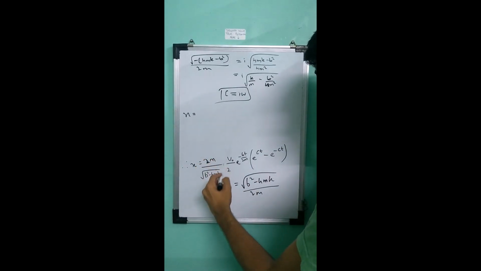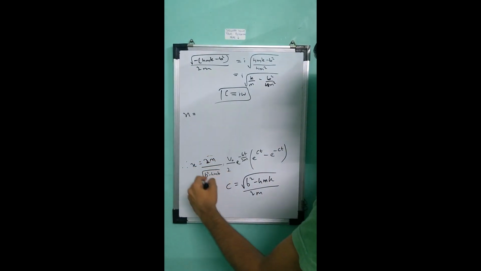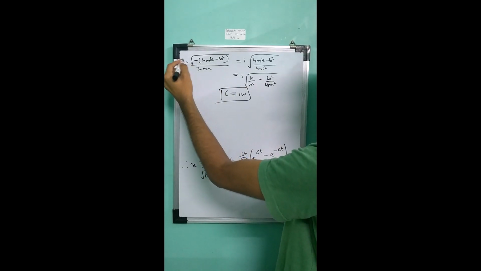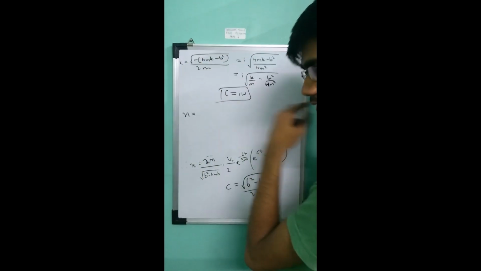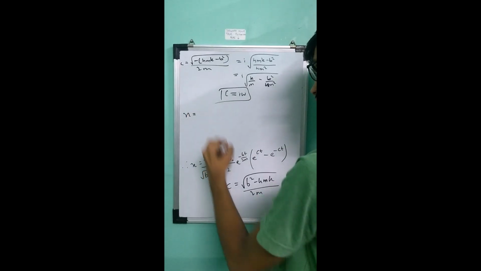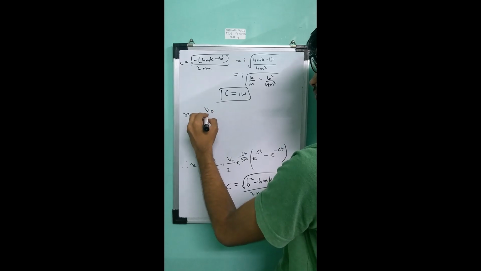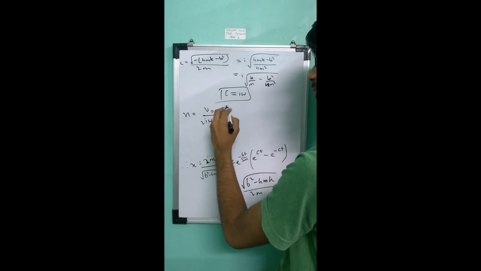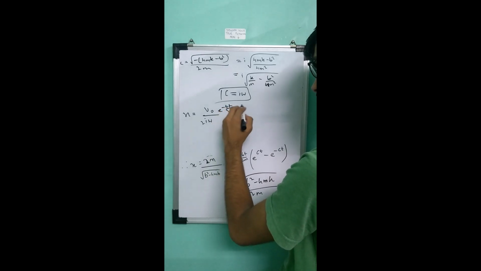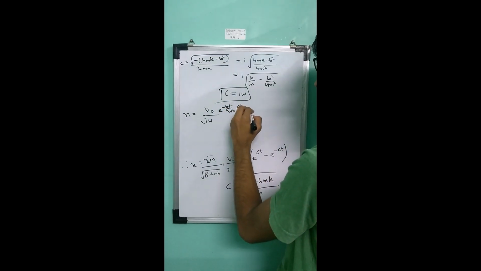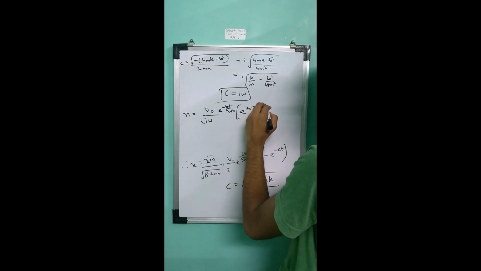You see that this is 1 by I omega. Because this is what I took as C, and this is what I took as I omega. So this is 1 by I omega, this is V0 by 2. So I'll get V0 by 2I omega into e to the power minus bt by 2m into e to the power I omega t minus e to the power minus I omega t.